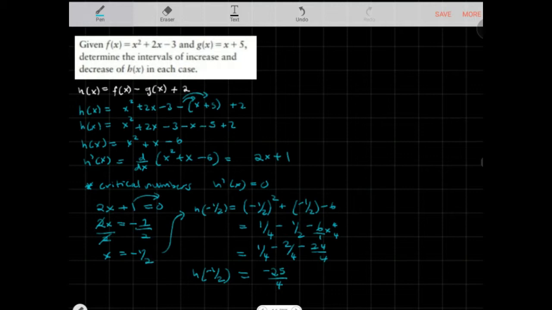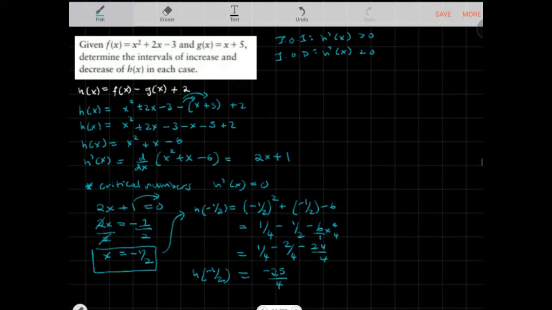Now that we have the point, using this critical number of x, what you want to do is find the intervals of increase and decrease. An interval of increase will occur when the first derivative function, in this case h prime of x, is greater than 0. An interval of decrease occurs when h prime of x, conversely, is less than 0.